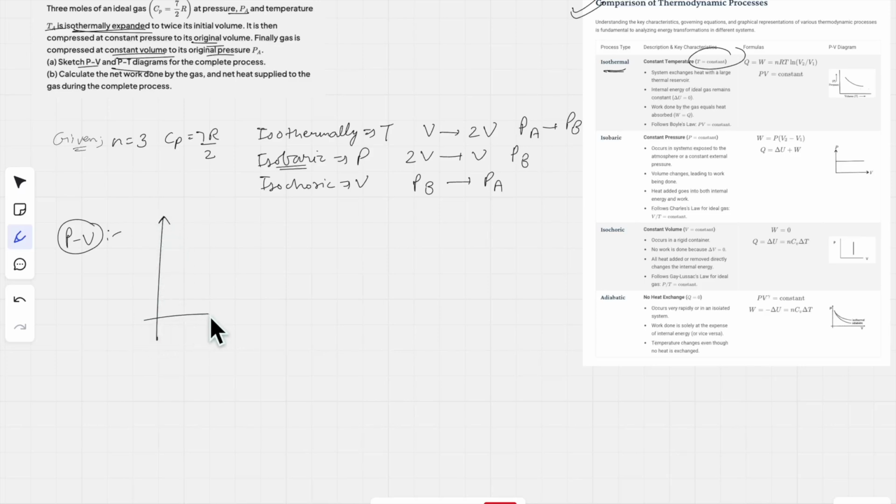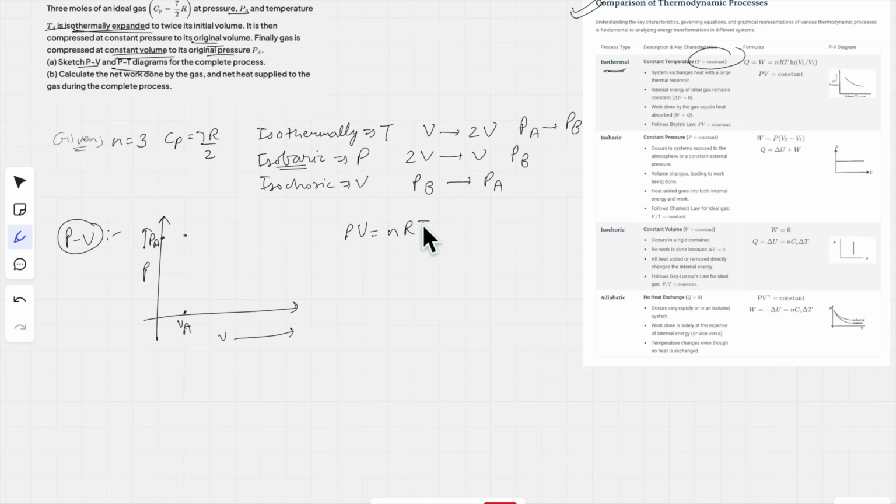Let me take my pressure on the y-axis and volume on the x-axis. So initially pressure is here, Pa, and let's say the initial volume is Va. Cool. So from this point we have isothermally expanded it to 2V. So let me write the ideal gas equation.